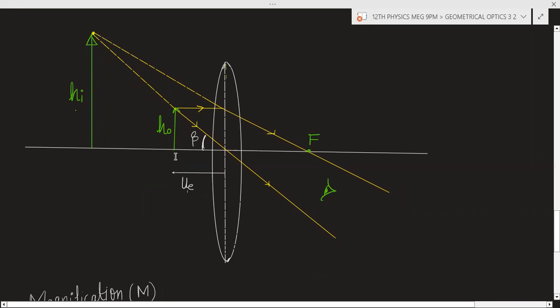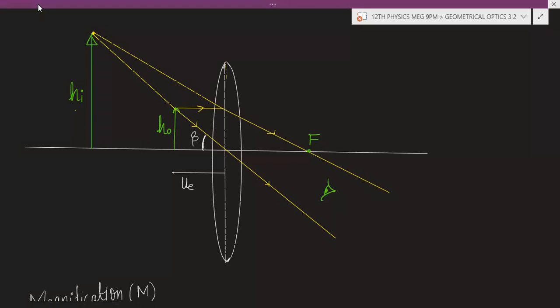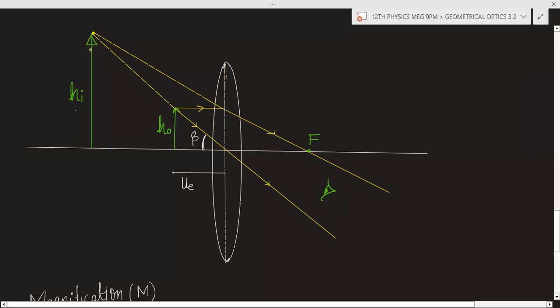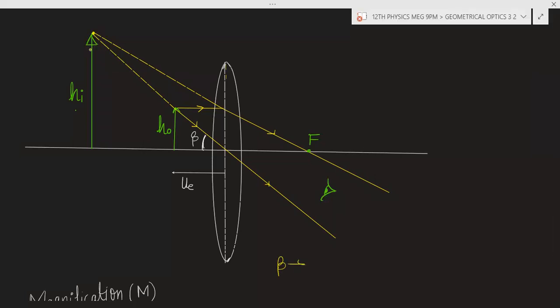Okay, this is UE. And remember, this beta is a very small angle.